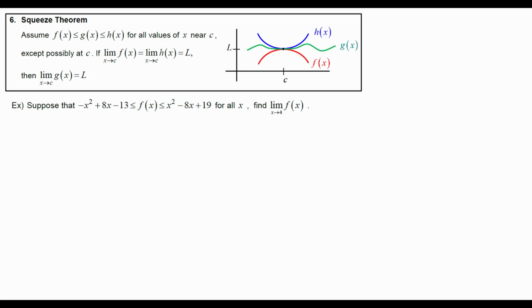That makes sense, right? So in a way, the limit of g of x as x approaches c got sandwiched in between two functions, one that is higher than g of x and one that is lower than g of x. So the Squish Theorem is also called the Sandwich Theorem.